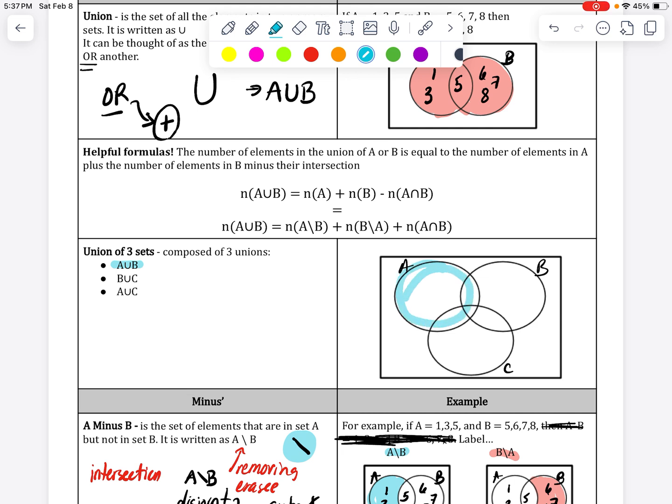So I can circle all of A and all of B, and all of that is part of the solution.